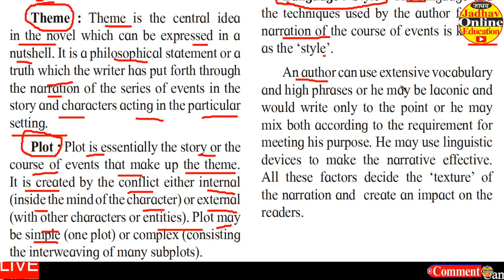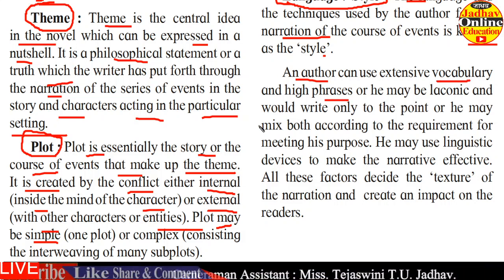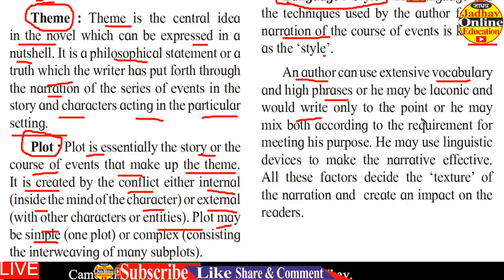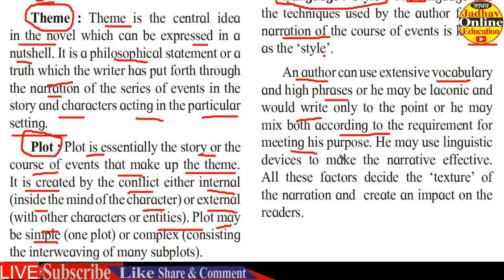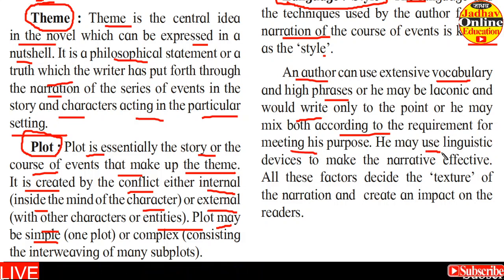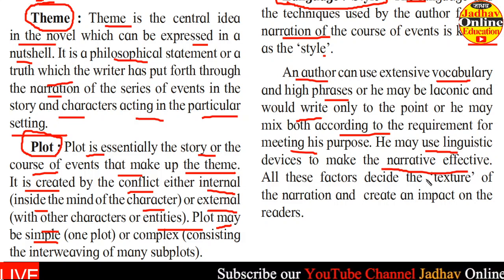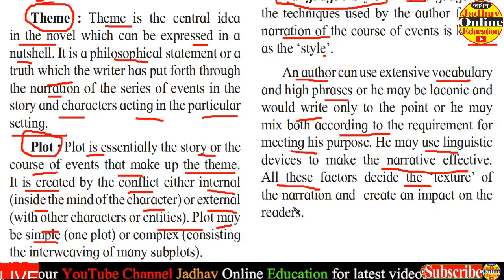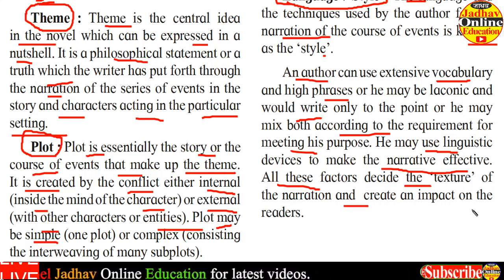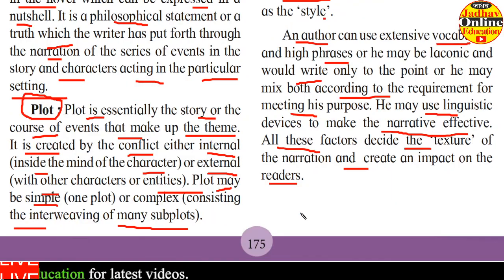An author can use extensive vocabulary and high phrases, or he may be laconic and write only to the point, or he may mix both according to the requirement for meeting his purpose. He may use linguistic devices to make the narrative effective. All these factors decide the texture of the narration and create an impact on readers.